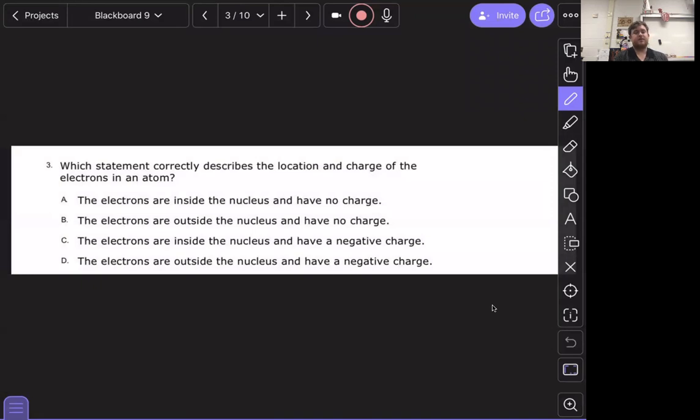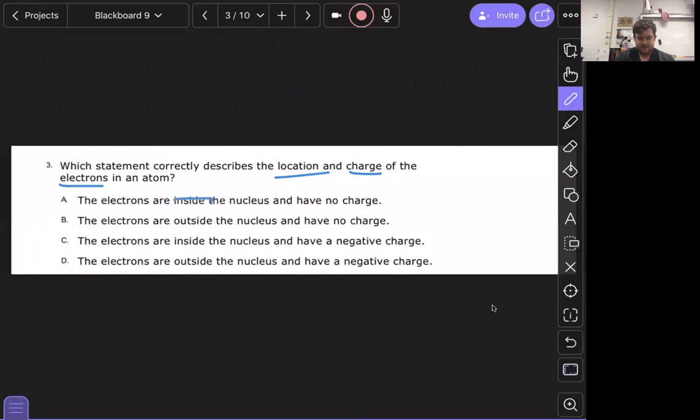Which statement correctly describes the location and charge of the electrons in an atom? My electrons, that's the location and charge. Remember, my electrons are very, very negative, right? The electrons are inside.